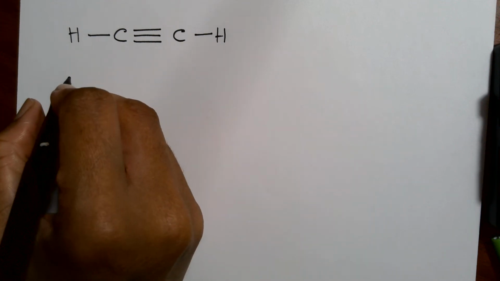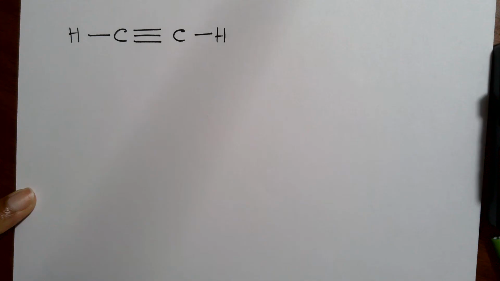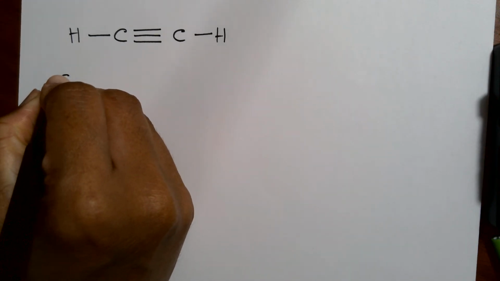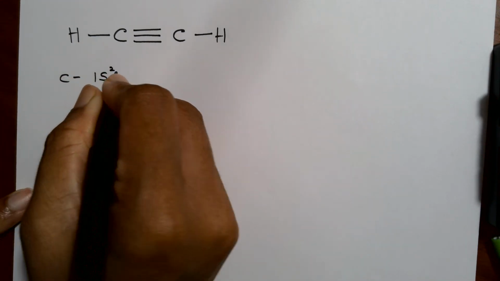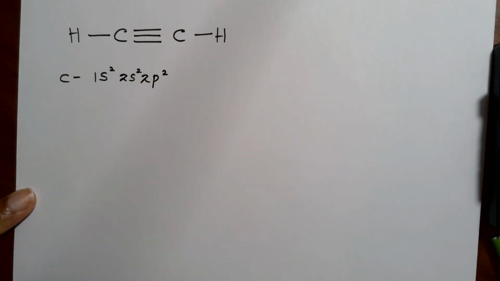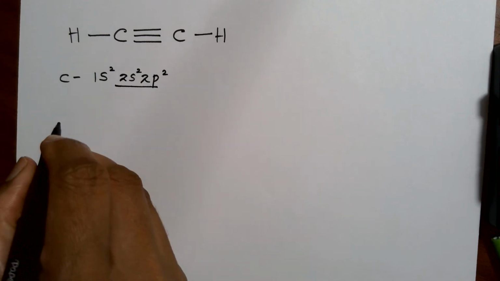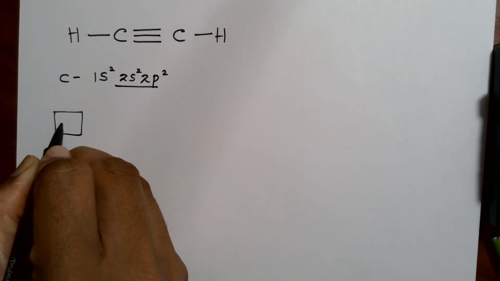So let's pick one carbon and draw its electron configuration: 1s2, 2s2, 2p2. The valence shell is n equals 2. Let's draw the orbital diagram of the valence shell.